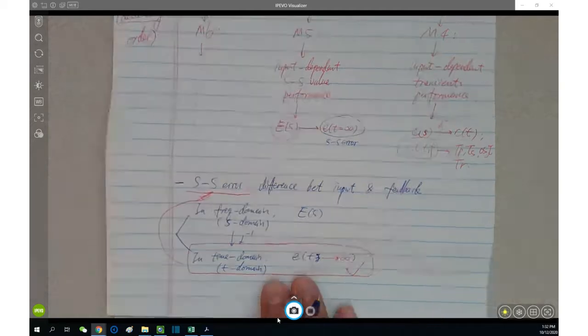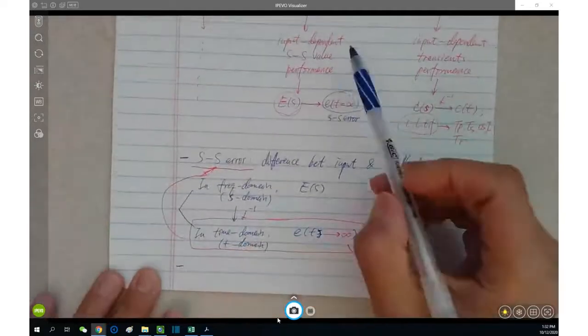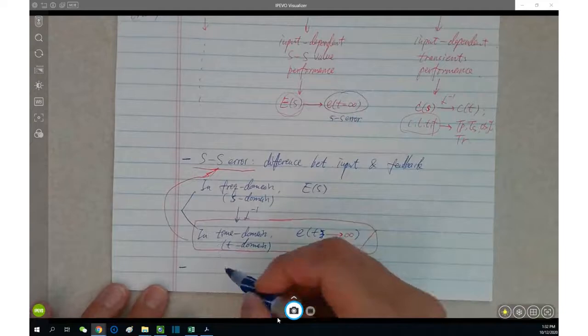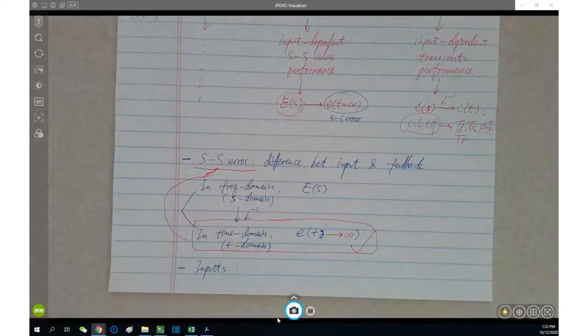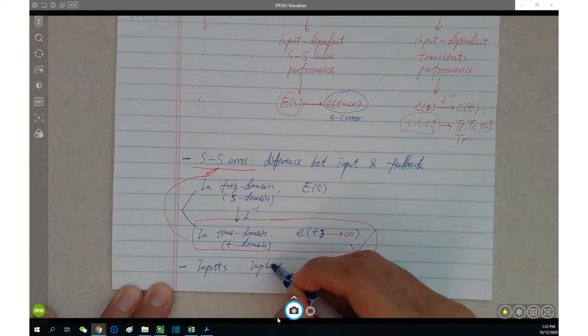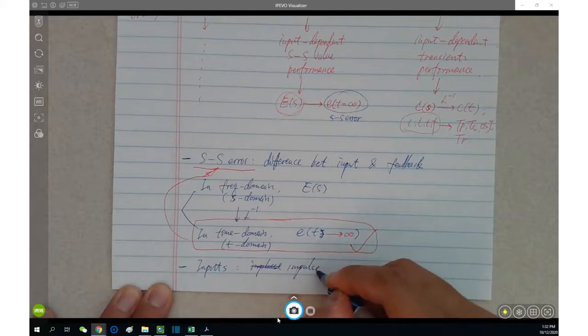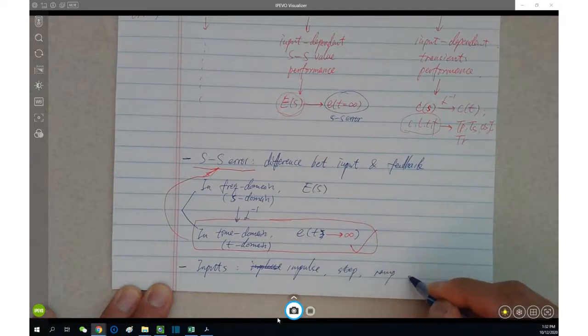And here we also need to recall a little bit, because once again, it is input dependent, right? So what are the input signals we have learned? Impulse, step, ramp, and what?